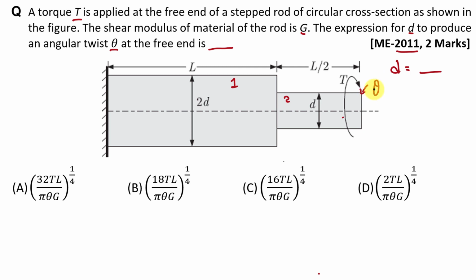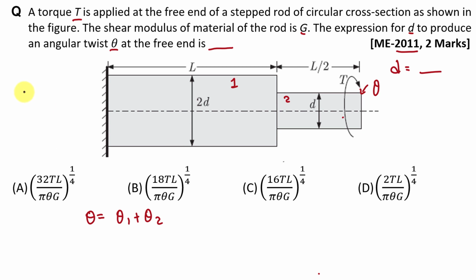Fine. Now understand that this theta will be the total deformation of the combination of these shafts, or we can say the rod, and we know that the total deformation is equal to theta 1 plus theta 2. This total angular deflection is equal to the angular deflection in part 1 plus the angular deflection in part 2, right?